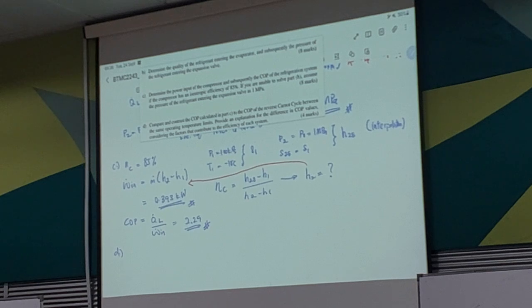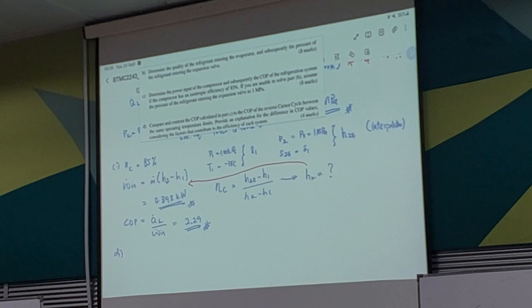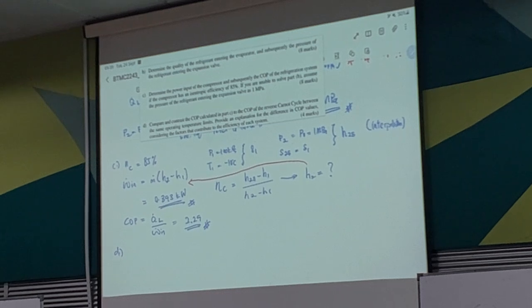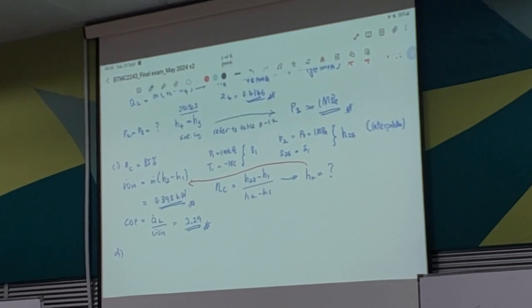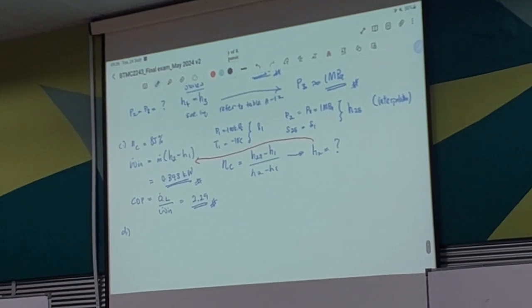So this is where the negative 4 degrees Celsius and the 27 degrees Celsius come into play. So provide an explanation for the difference in COP values by considering the factors that contribute to the efficiency of each system. So you can give up the latter part if you want, but at least do the calculation.